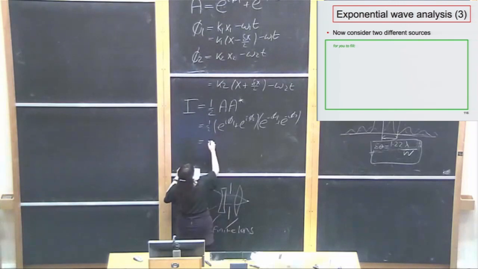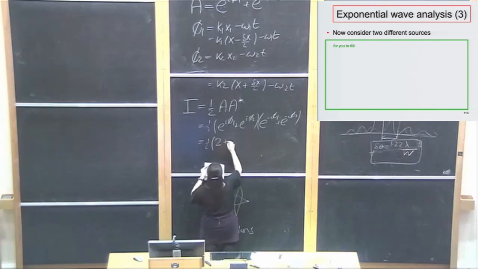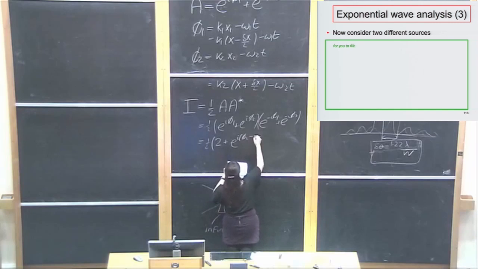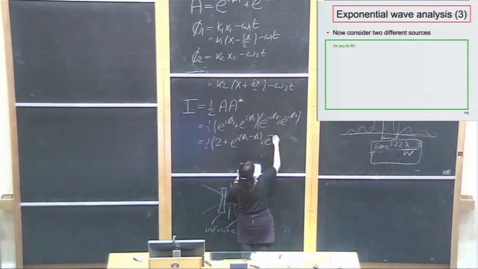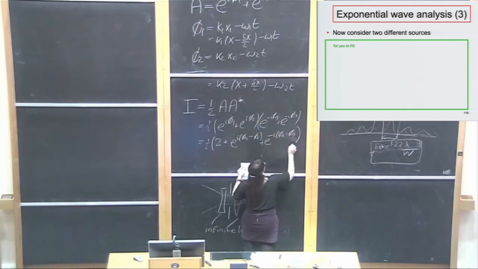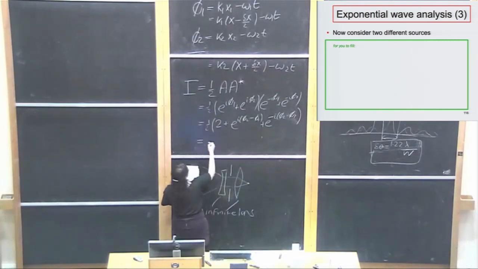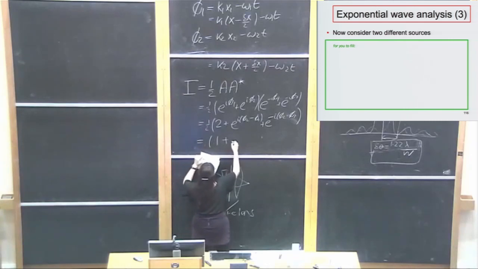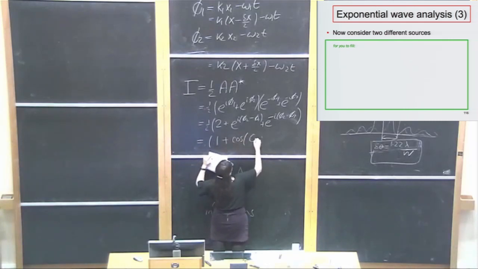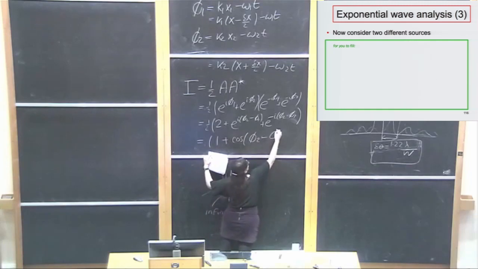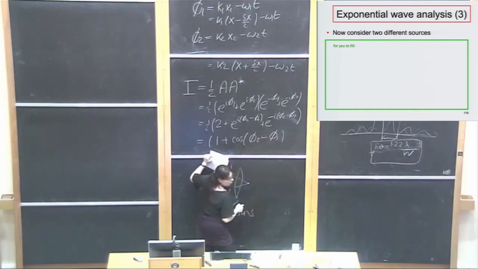That gives me half of 2 plus e to the i(phi 2 minus phi 1) plus e to the minus i(phi 2 minus phi 1), which is just 1 plus cos(phi 2 minus phi 1).